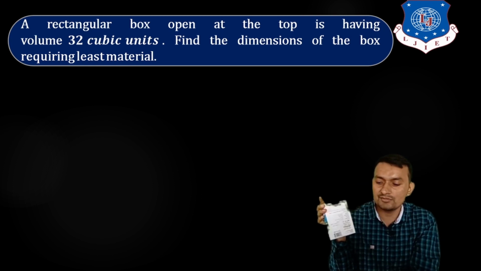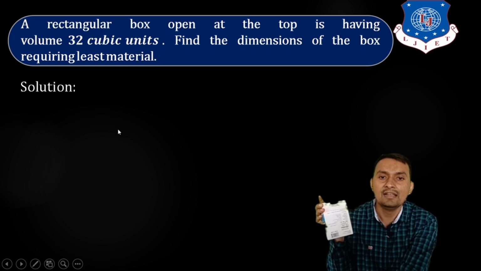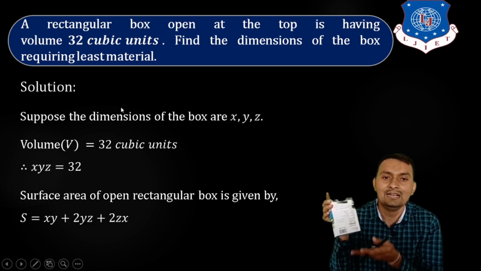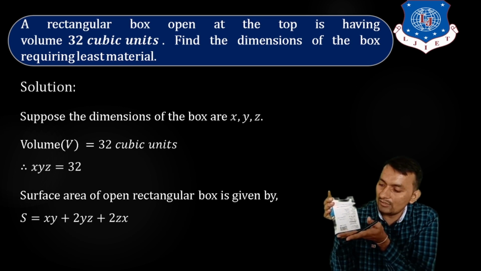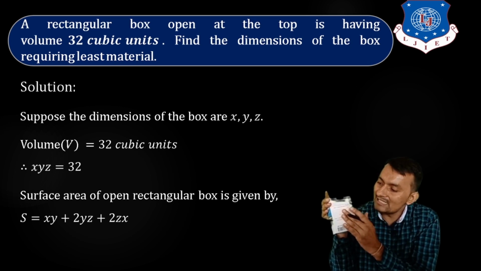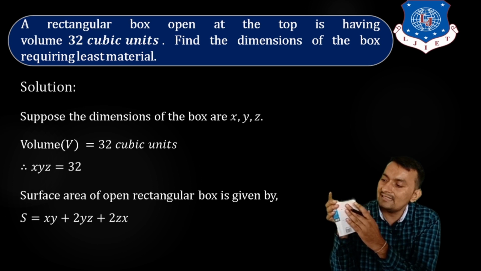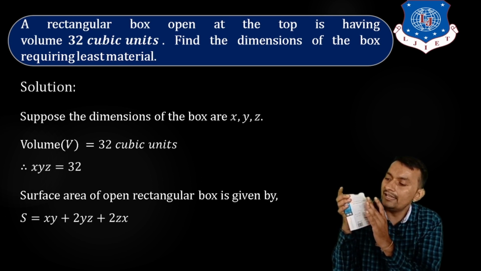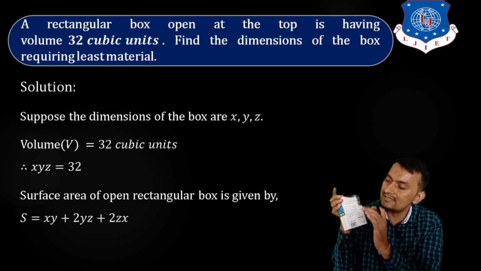But the top is open. So our question says that the surface area of the open rectangular box is, first, xy for the bottom. Then this one side is the same as this other side. Whatever area I consider here, this is x and this is z, so the area will be xz.